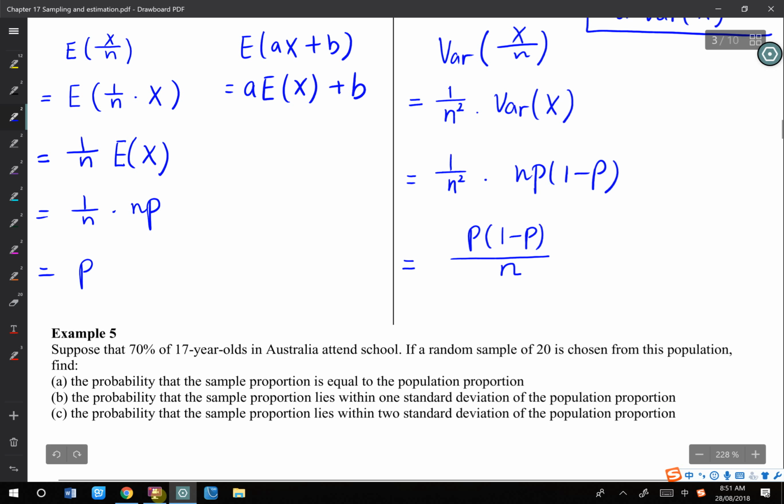What's the standard deviation of p hat? Square root of p(1 minus p) over n.